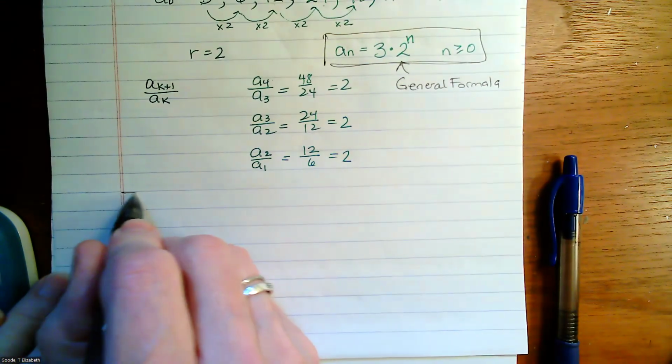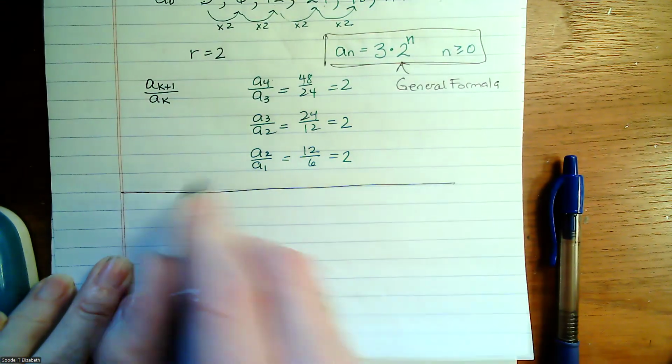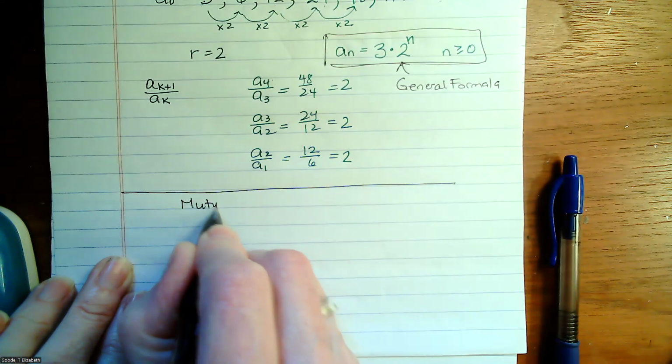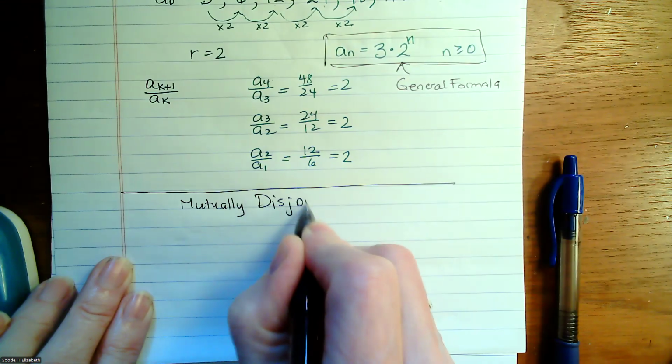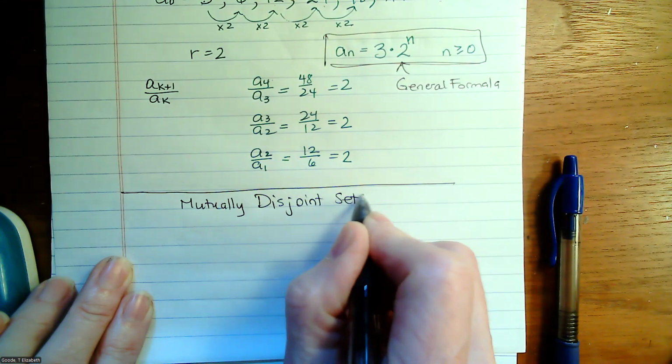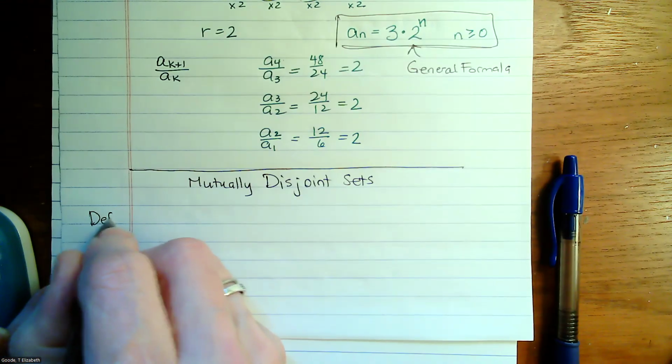Okay, so mutually disjoint sets. It's just an extension of the idea of disjoint sets. Here's our definition.